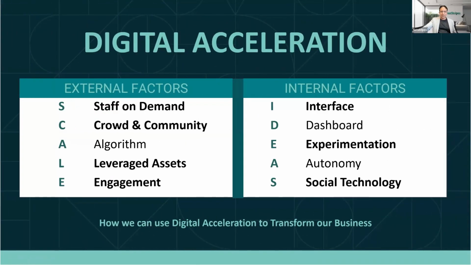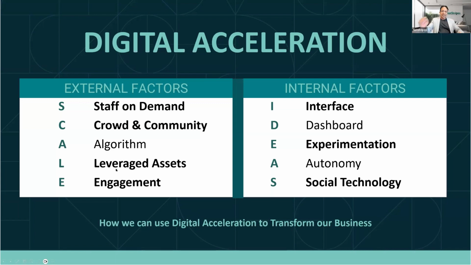So Sonia, because she found lots of people unemployed, was able to get staff on demand, not on a payroll, but based on the number of people she needed for the courses that got filled. And she was able to use crowd and community through social media, through different social media groups that we identified, and she didn't use any algorithms.